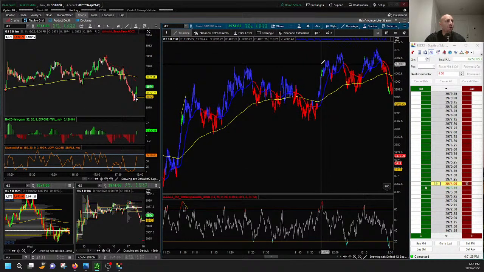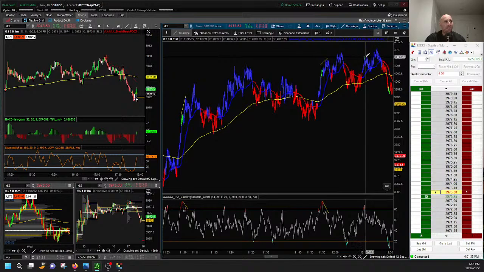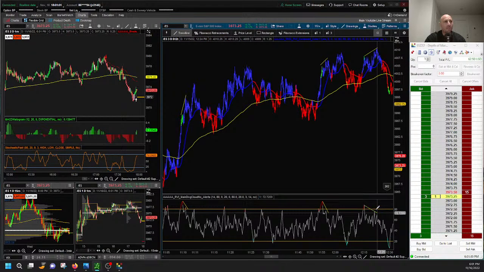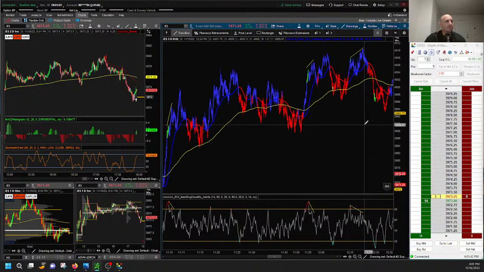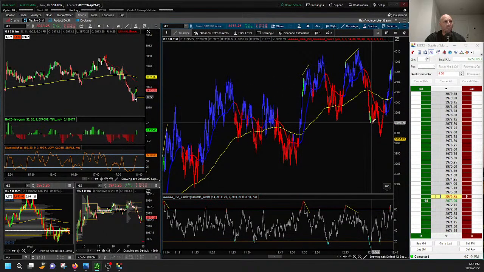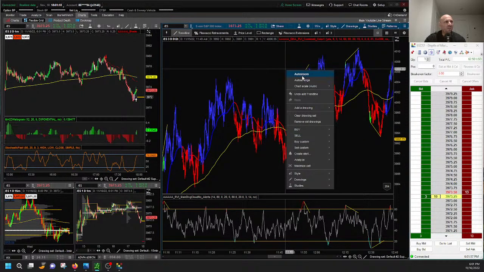Here's another divergence from here to here. And look at the rollovers after we have them. Here's a divergence. You can even see it here, or here to here and then here to here. They're all over the place.